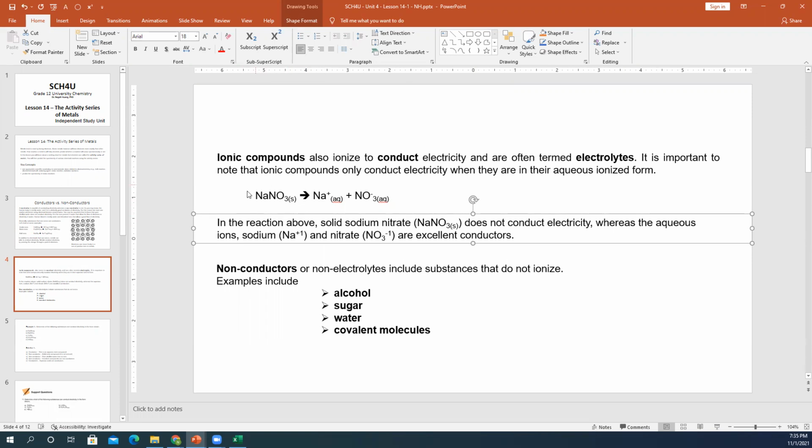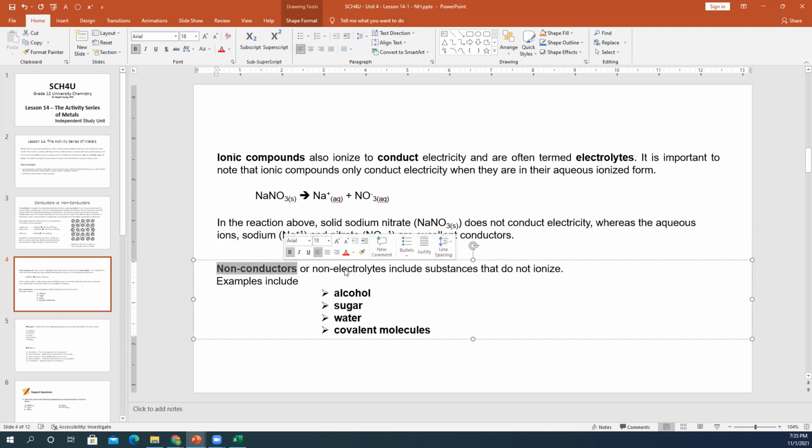So if you have solid sodium nitrate, when it's solid, when it's dry, it's not a conductor of electricity, whereas in its aqueous form, once dissolved in water, these ions of sodium and nitrate are excellent conductors of electricity.